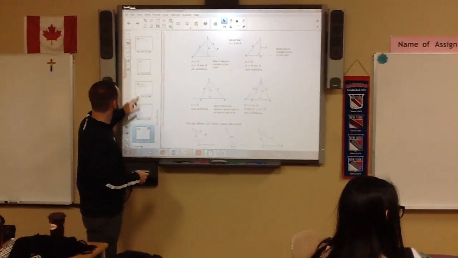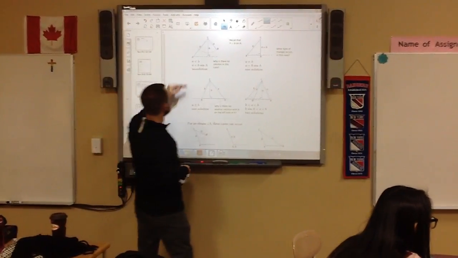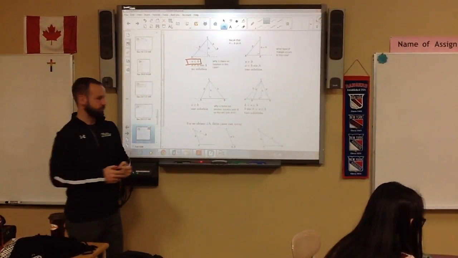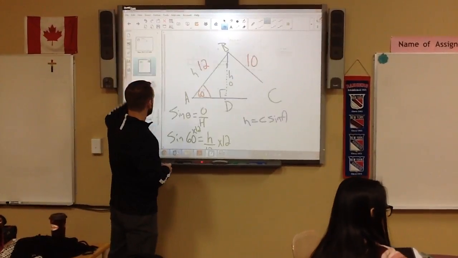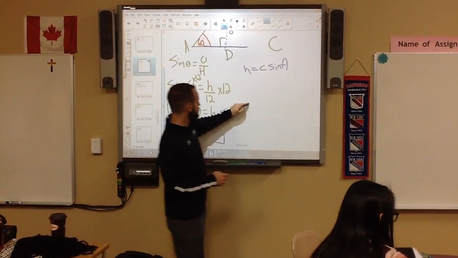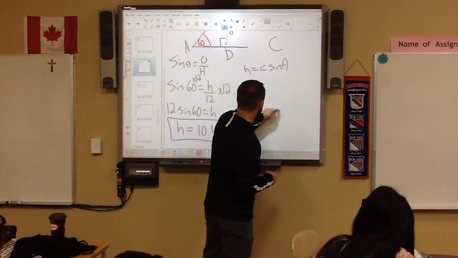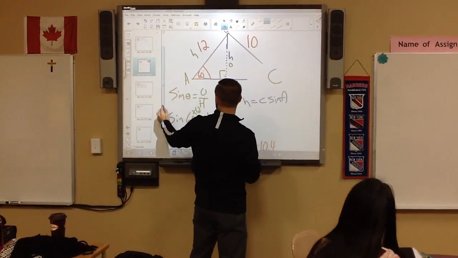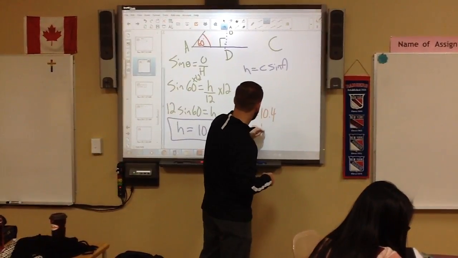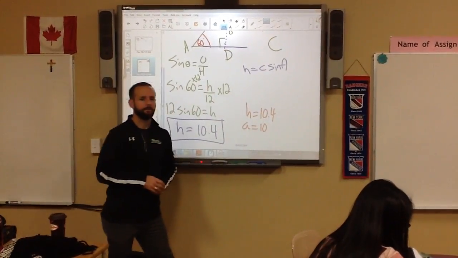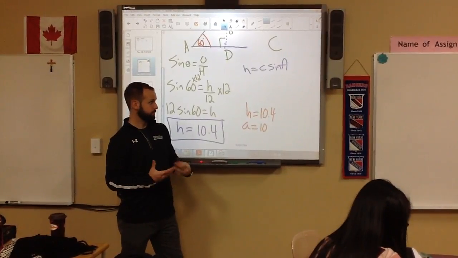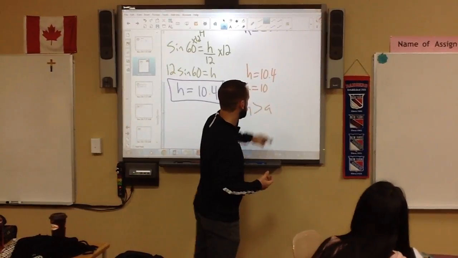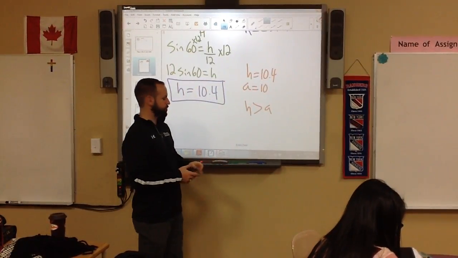Our first one is if A is less than H. H is 10.4, and A is 10. Which one's bigger? H is bigger than A. When that happens, we don't have a solution.